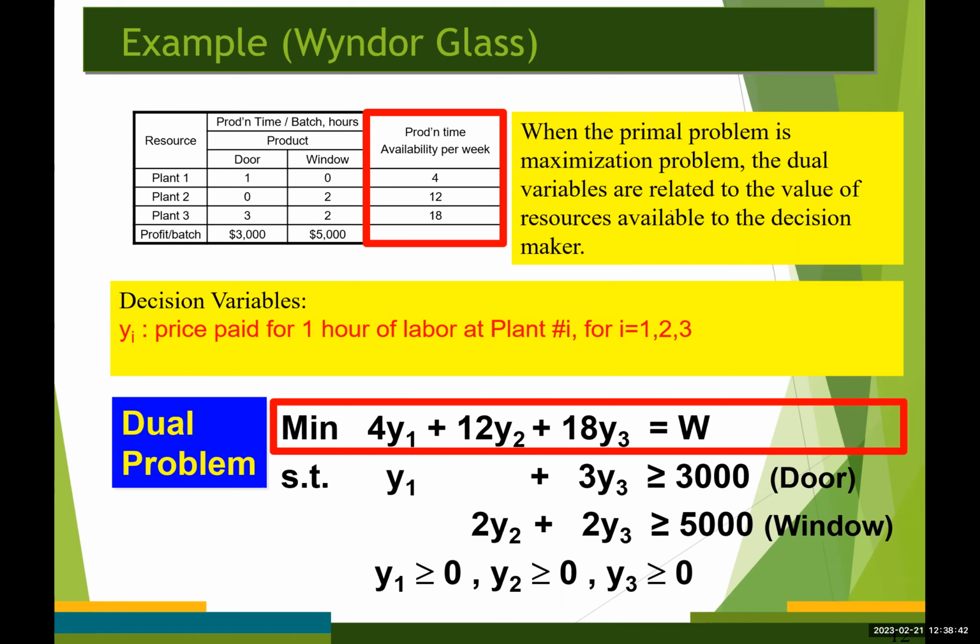Likewise, Y2 is the price paid for labor at plant number 2, and Y3 is the price paid for 1 hour of labor at plant number 3. The resource prices Y1, Y2, Y3 should be determined by solving this dual problem.